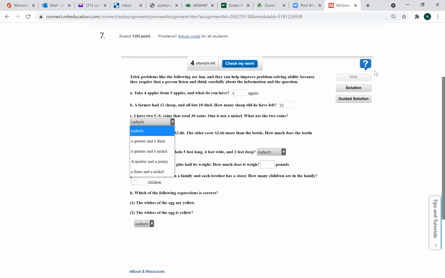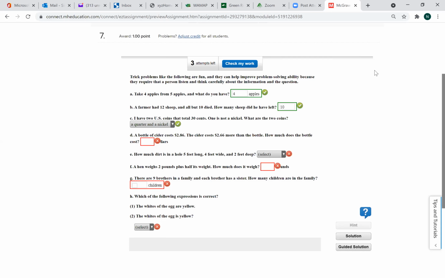So let me check my work and see where I am thus far. It likes what we've got so far. I think the one that really tripped people up on this problem in previous quarters was the bottle of cider one. A bottle of cider costs $2.86. The cider costs $2.66 more than the bottle.